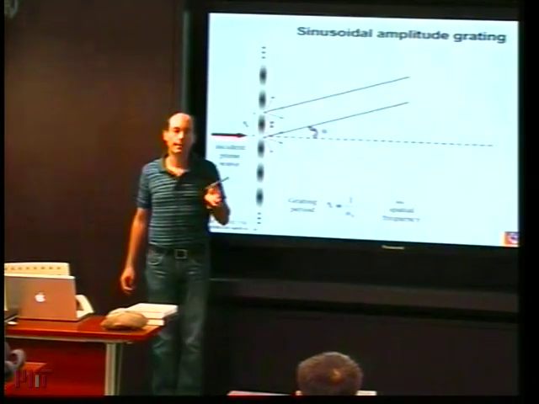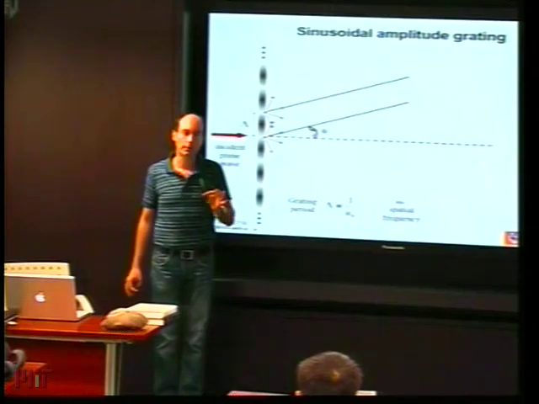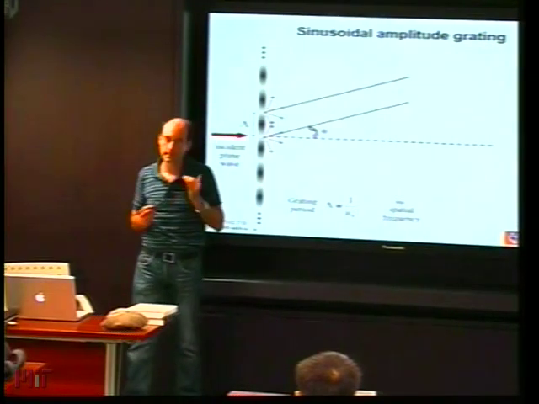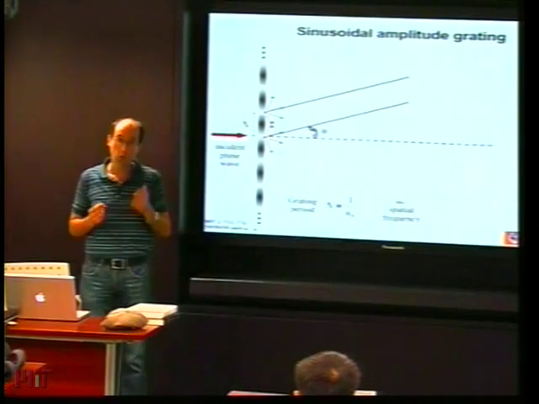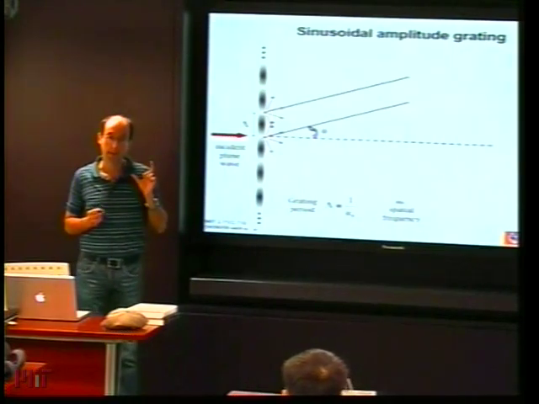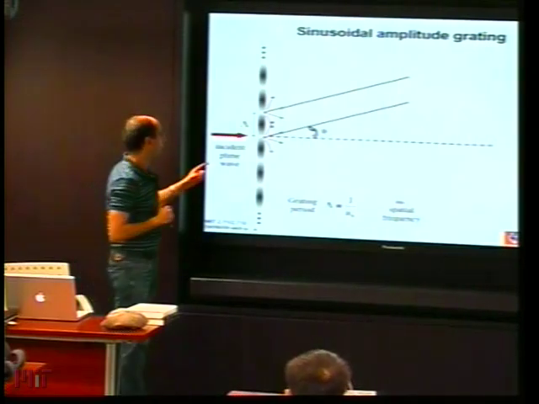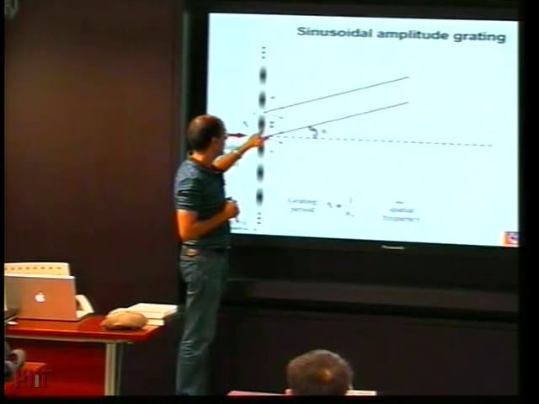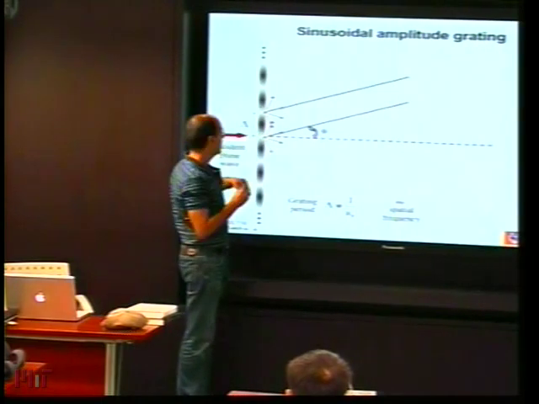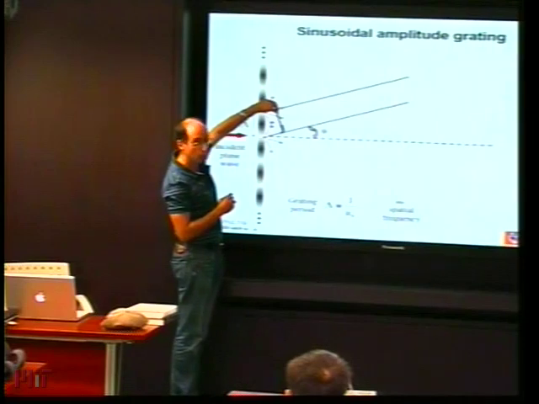Now, these rays, are they the same or different? Geometrical optics says they're the same. But now we know better. We know that these are not really bullets that propagate like particles. These are actually waves. If you draw a line perpendicular to these waves, this would be the wavefront.